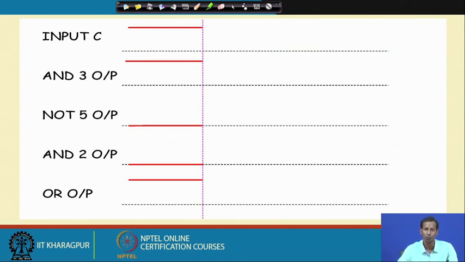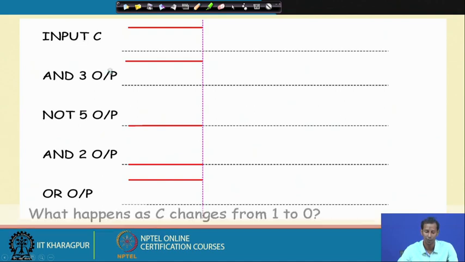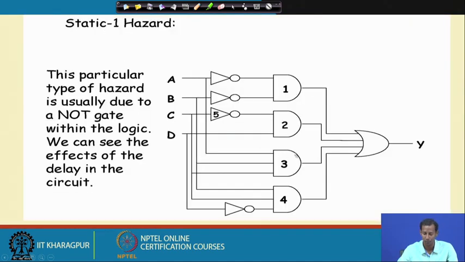If the other inputs are 1, then it depends upon the value of the other input. Here, this is the AND output, this is the third gate, which I have just numbered as 3. So, what is connected here?